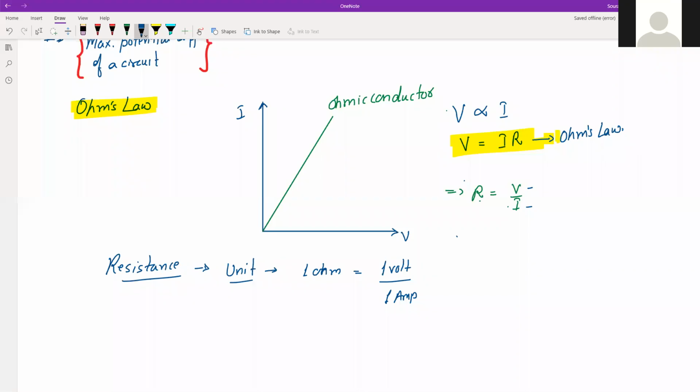Or symbolically, 1 ohm is equal to 1 volt per ampere. So this is about resistance. Okay, and we know how it is going to be represented.